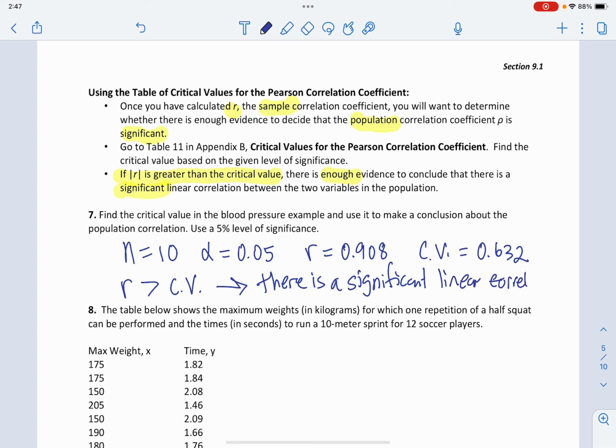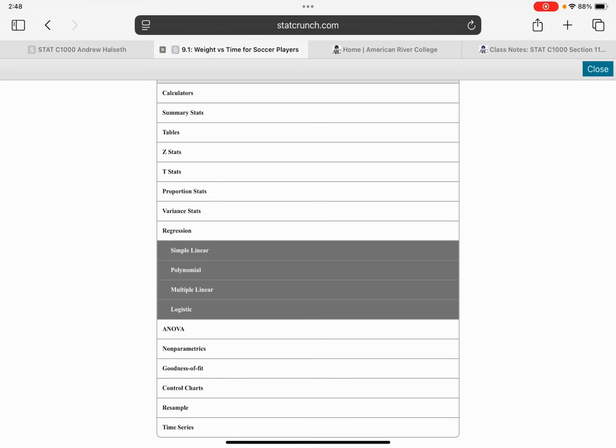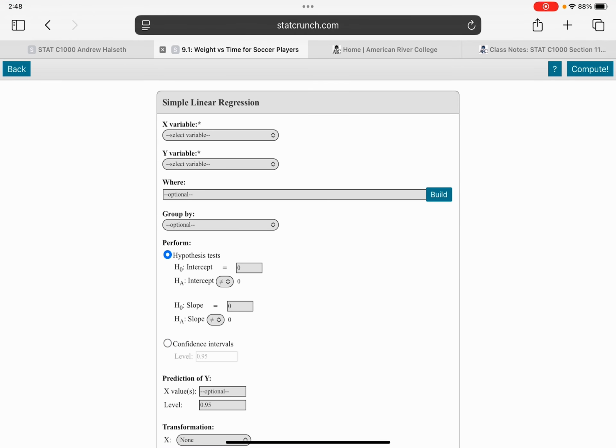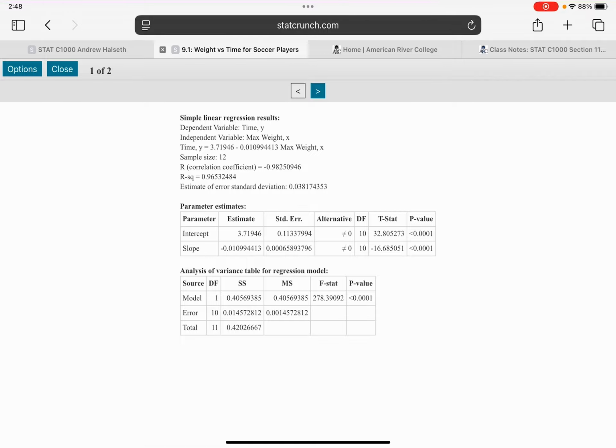We're going back to StatCrunch, and then there is the data. This is the soccer player one. So I load the data in there, and then remember where to go to get everything. You go to Stat, Regression, Simple Linear, X is the weight, Y is the time, Compute. That gives me my R.